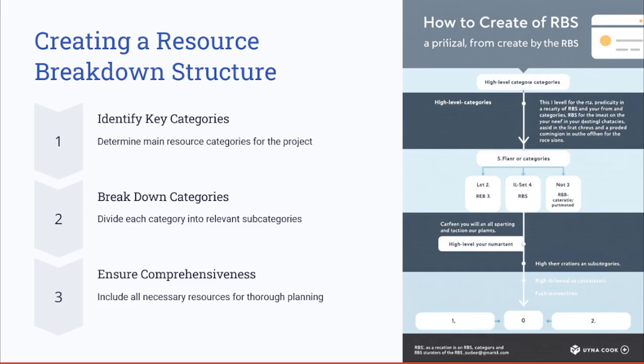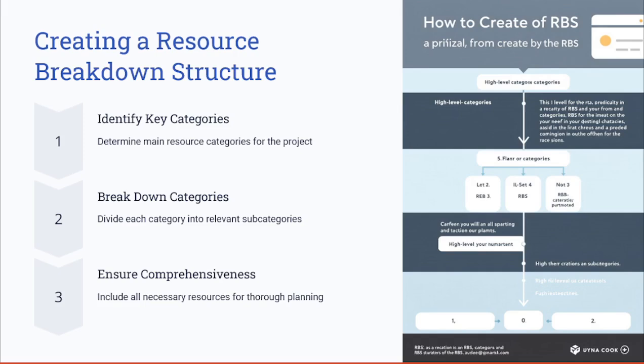Now, let's see how to create an RBS. To create an effective RBS, begin by identifying the high level resource categories needed for the project. For example, you might start with categories like human resources, equipment, materials, or licensing, servers, or whatever.